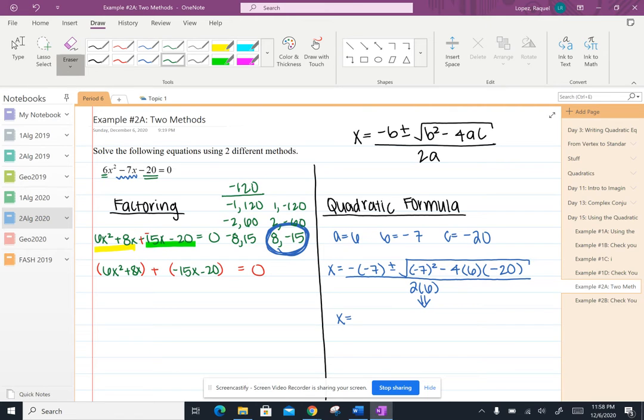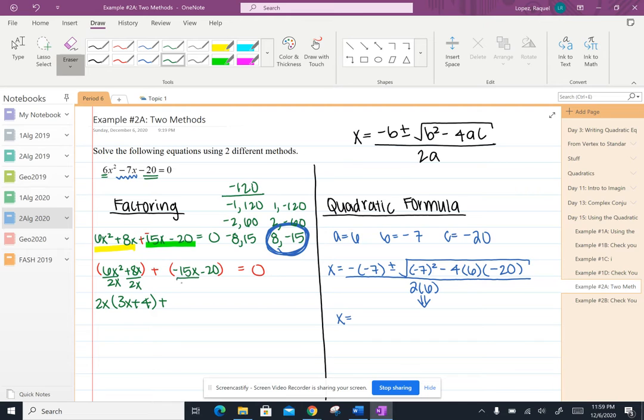Now I want to see what I can take out of both. I can take out a 2x. I can divide both of these things by 2x, so I'm going to write 2x over here, and I'm writing this as 3x plus 4 because that's what's left over, plus, now I'm going to do the same thing on the other side.